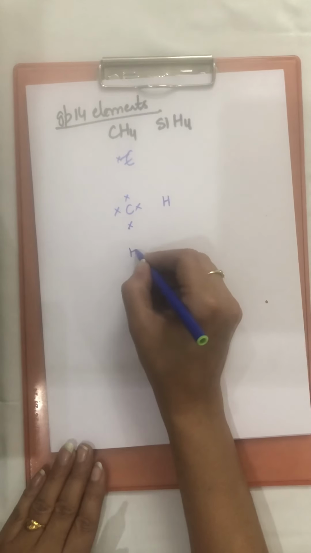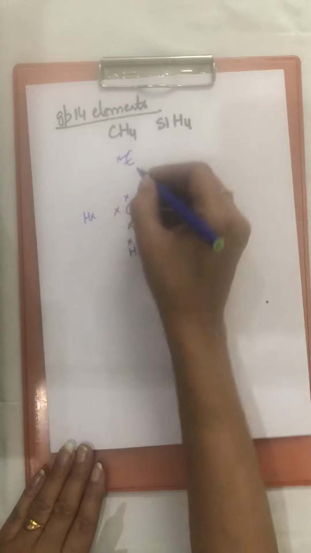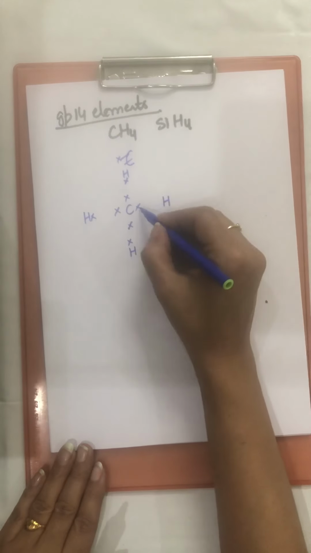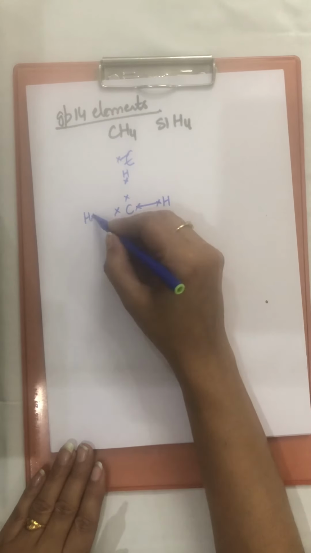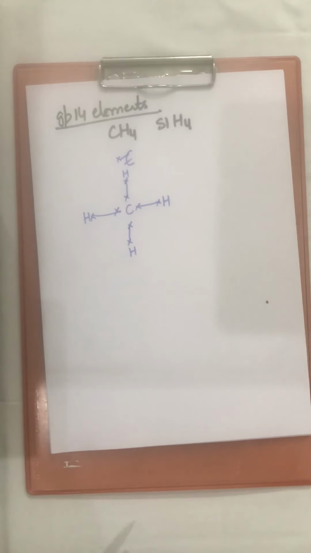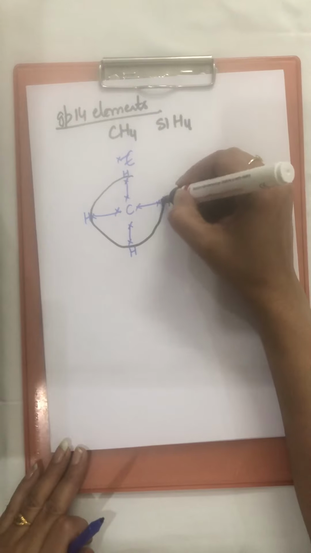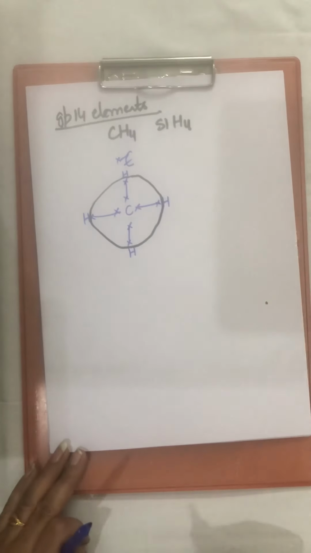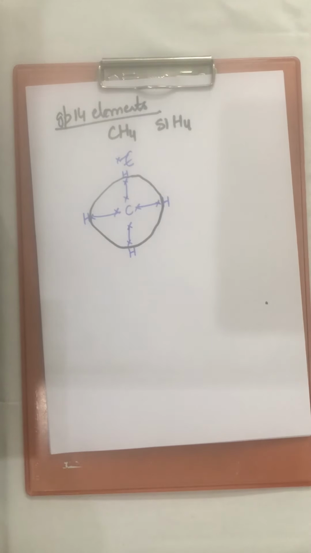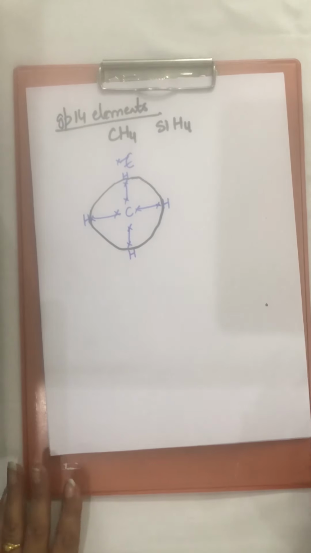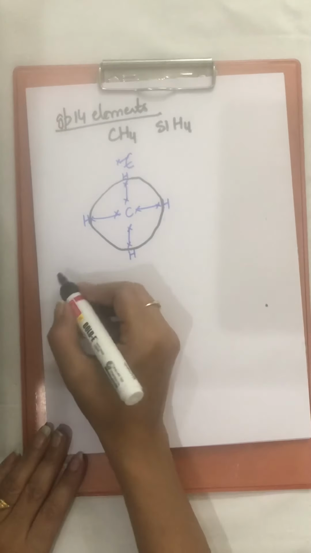Combining with 4 hydrogen atoms, by sharing of electrons, carbon will have 8 electrons around it, the exact number of electrons. So this hydride is known as electron precise hydride. So group 14 elements form electron precise hydrides. This is the second category of the hydride.